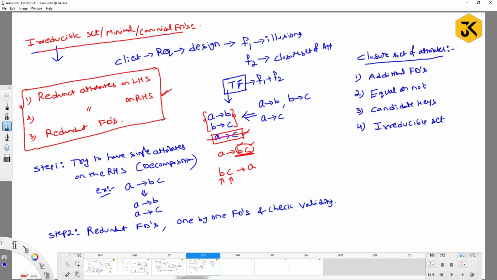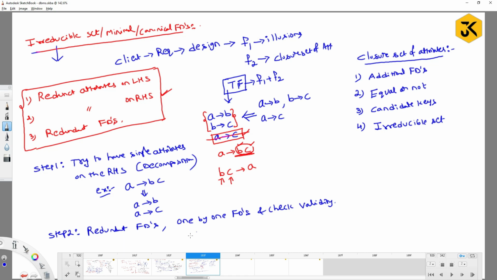What is the meaning of this step? If I say that some functional dependency is valid, it means that I cannot derive it from any other functional dependencies. Then I can say that it's a valid functional dependency. Otherwise I can say that it is a redundant functional dependency.